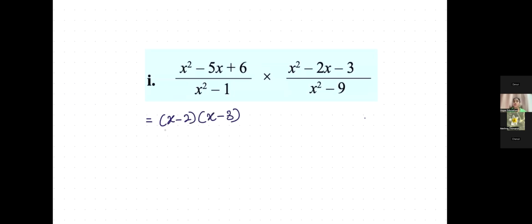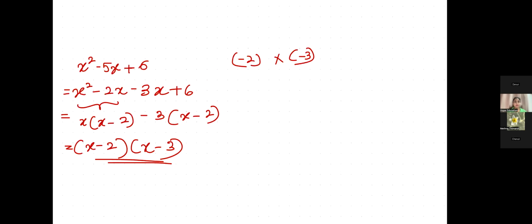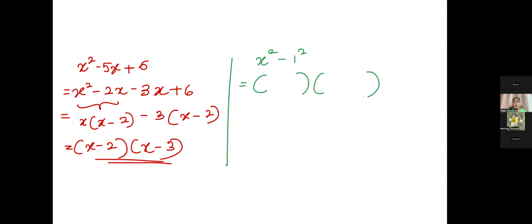Divided, here we have x squared minus 1. X squared minus 1 is difference of two squares, right? X squared minus 1. So I will do it here. X squared minus 1 means 1 squared, right? So I open two brackets, x, 1, 1, method plus them, method minus them.